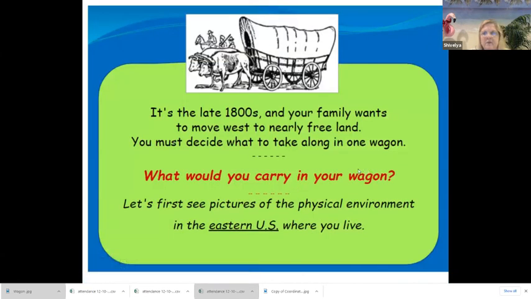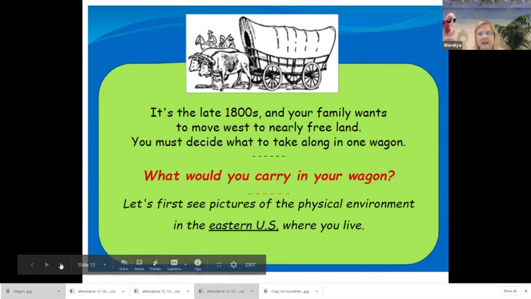It goes through a story about a time period in the 1800s, where you're living in the East and you want to move out west because you're offered free land, and the accommodations for getting out there are difficult. So you only have one wagon. And so they have to decide, okay, what are you going to pack in your wagon? And what are you going to take out there with you?